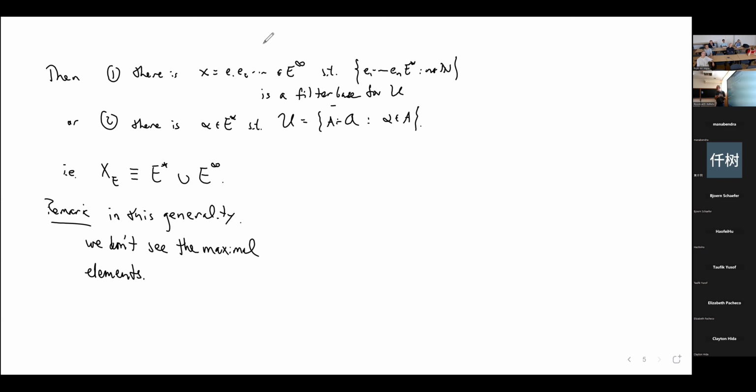This is what I would talk about. It's not a subtle point, but it's something people often miss: if your graph does not have finite degree, finite in degree, then the set of infinite paths will not be locally compact. You have to include the vertices that admit infinitely many edges in. So that's why we have this general idea of look at the maximal elements, take their closure to get what we think of as the boundary.